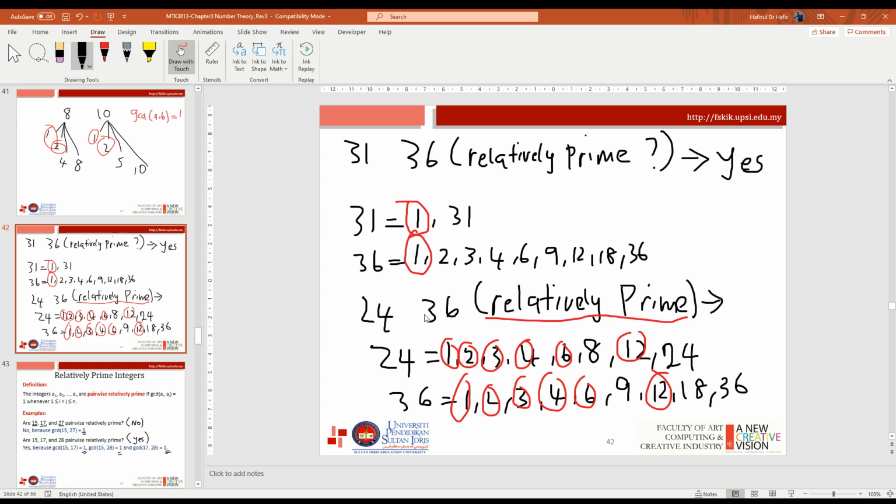The answer is no, because we have more than one. 24 and 36 are not relatively prime, because if the only common factor is 1, the numbers are relatively prime. Here we have how many? 2, 4, 6.